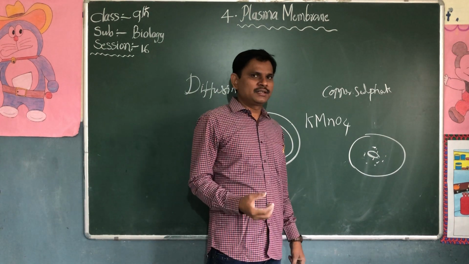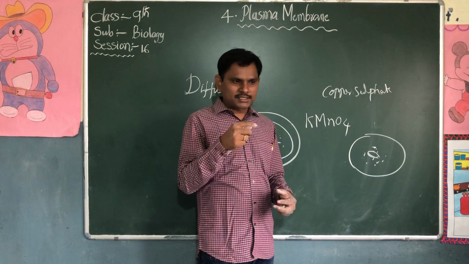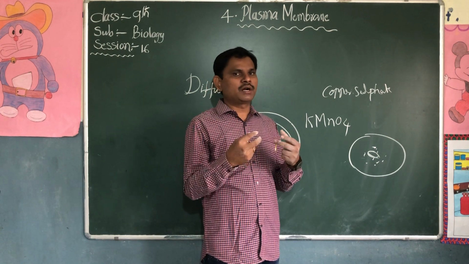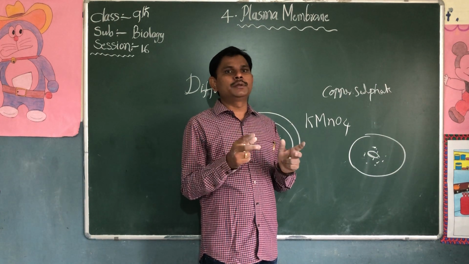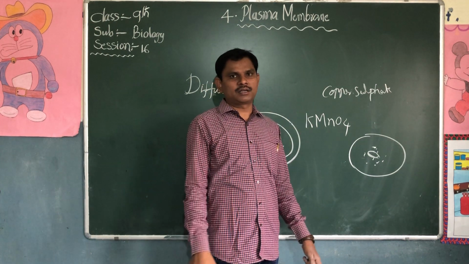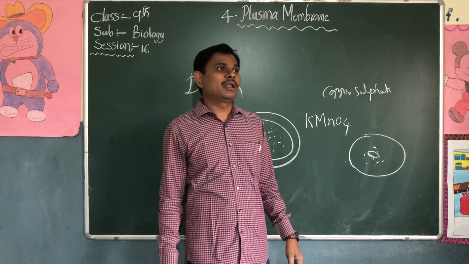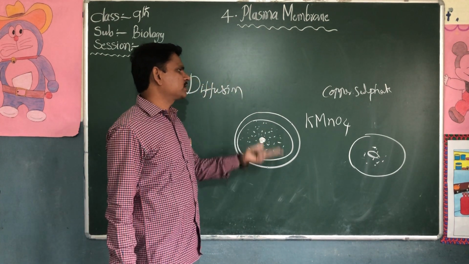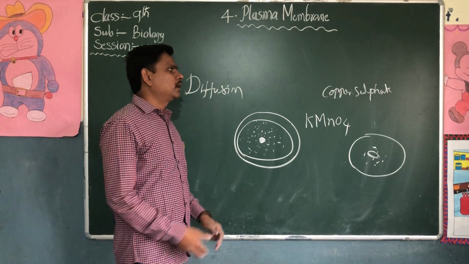What happens? After a few minutes, the crystals are going to dissolve into the water. The water color will turn from colorless to colored. Why do we have to discuss this potassium permanganate and copper sulfate?